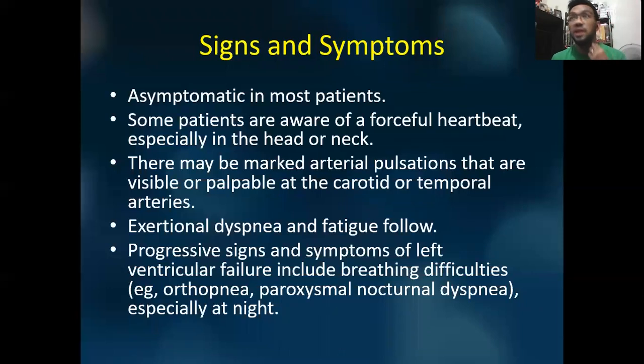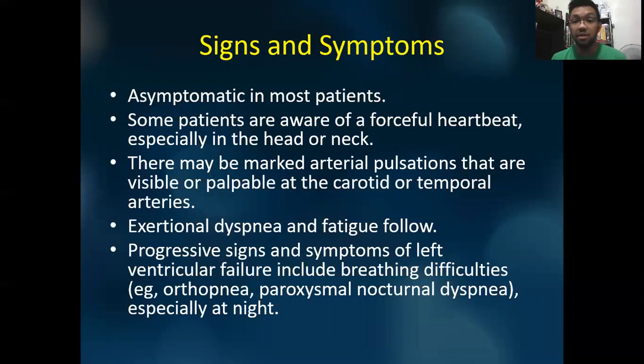So you can see their carotid arteries, it is visible. The pulsations are visible here on their neck. Exertional dyspnea is again common in this disease if they are doing an activity and they will be easily tired. Fatigue is going to follow after an activity is done.